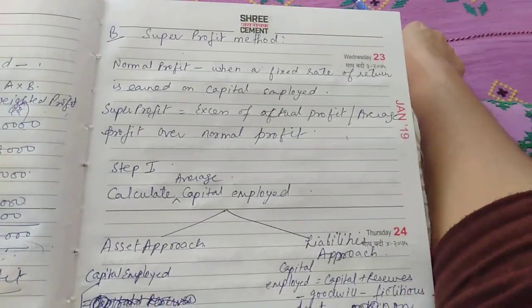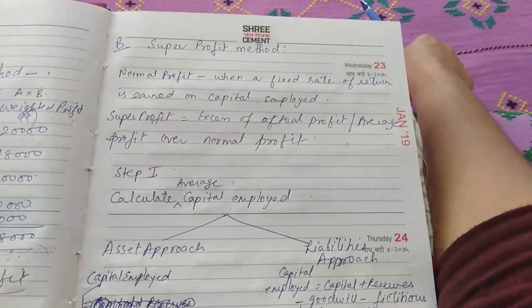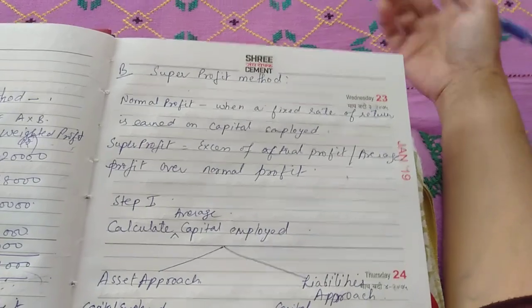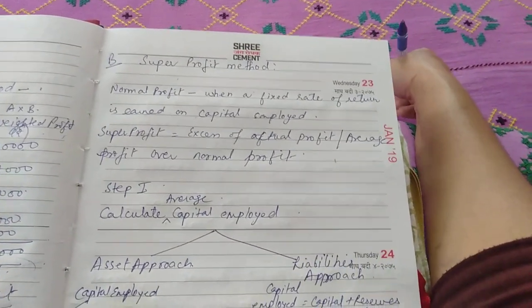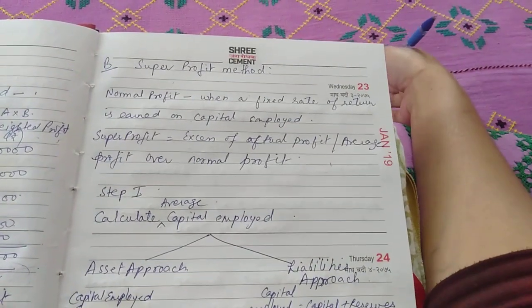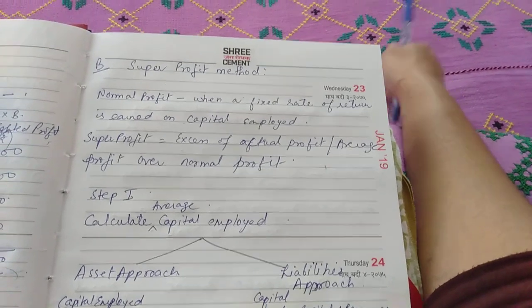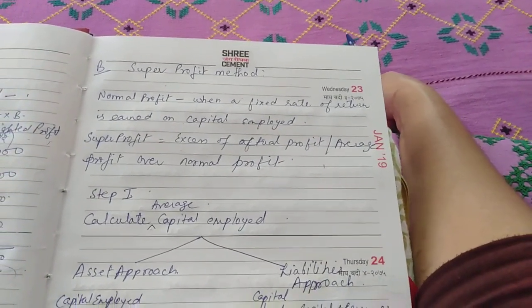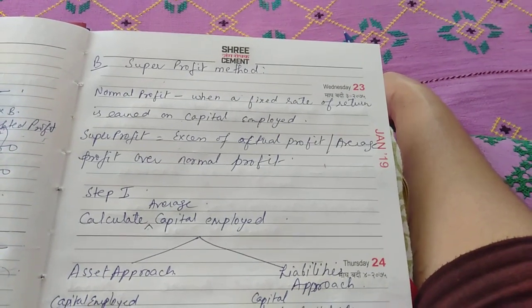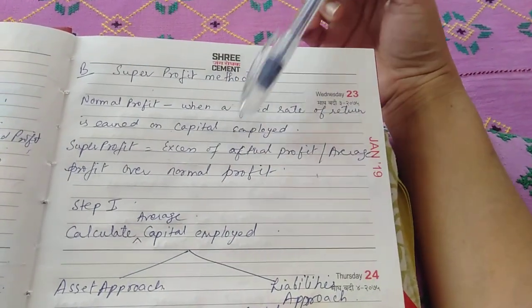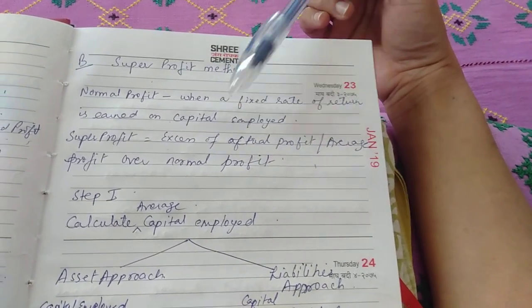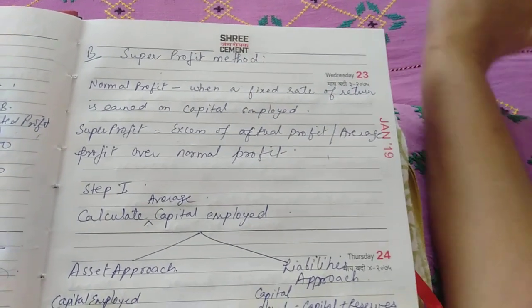Firstly, they will give you normal profit. What is normal profit? It means the same kind of profit which a firm is earning every year, the same rate of return every year. So normal profit is when a fixed rate of return is earned on capital employed. When you are earning the same percentage of profit on the amount of capital invested, you get normal profit.